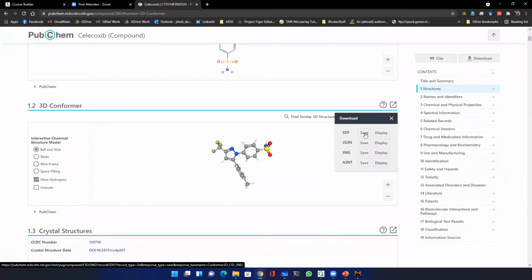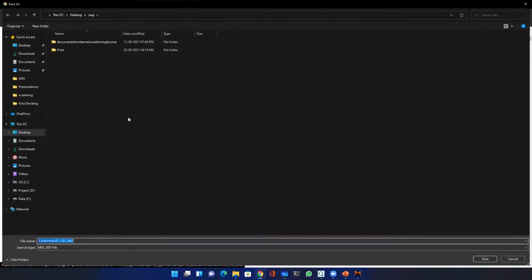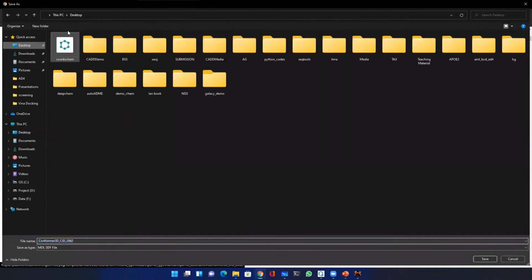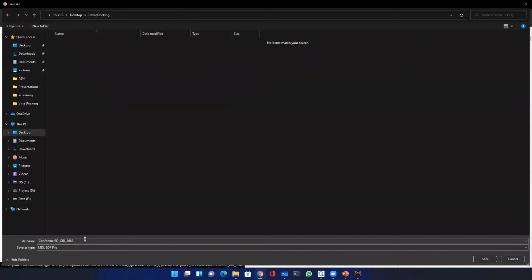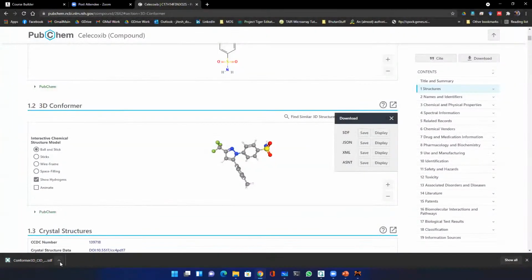To download the file, we can click on the save button, and save it in one folder where we want our data to be saved. By default, the file name used is the unique identifier called the compound ID, but you can change that also. This way, you can easily download the 3D structure of a molecule that you're looking for.